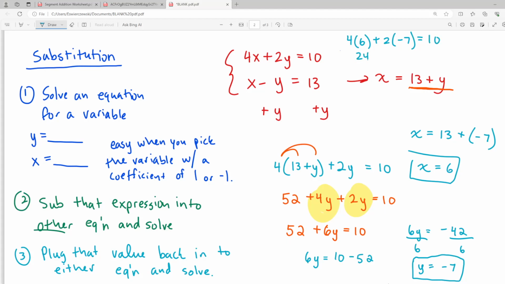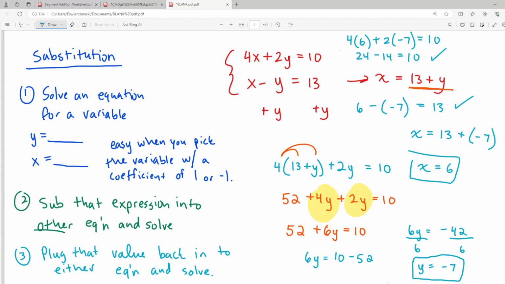This is 24. This is negative 14. And that is equal to 10, so it worked out. x minus y: x is 6, but y is negative, so it's going to be 6 plus 7, which is 13. It worked out.